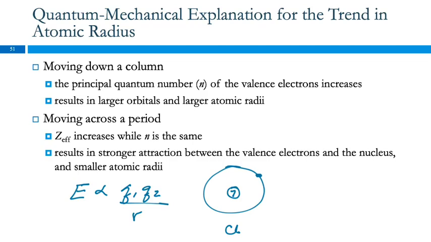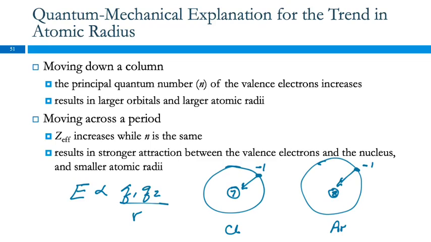These valence electrons are seeing a +7, and they have a -1 charge. For argon, there's a +8 effective nuclear charge. And the electron out here is -1, and it's being attracted to the nucleus.